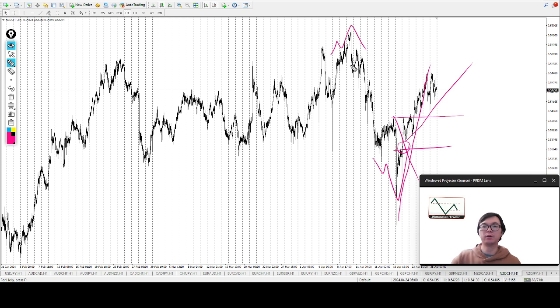But we are getting closer to the top resistance. If pricing moves up to here and breaks down the trend line with a big rejection candle, we might expect pricing moving down to here or here.